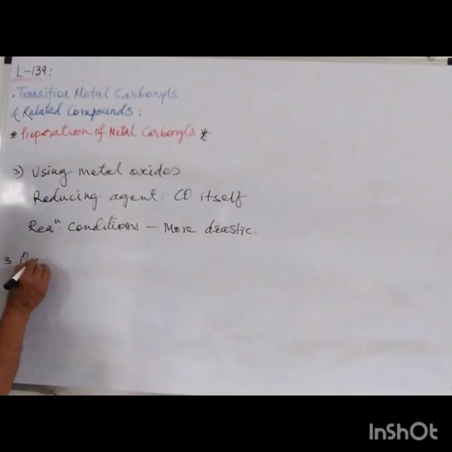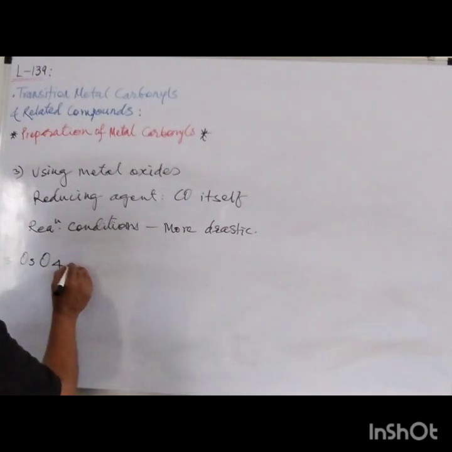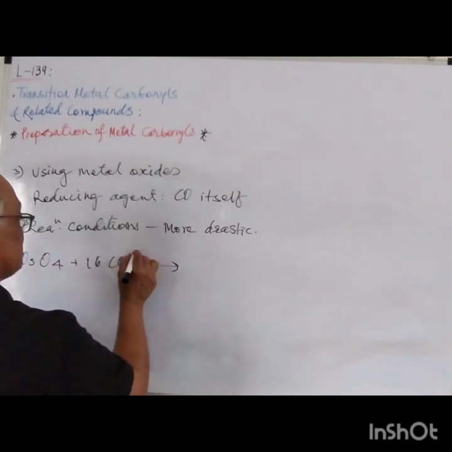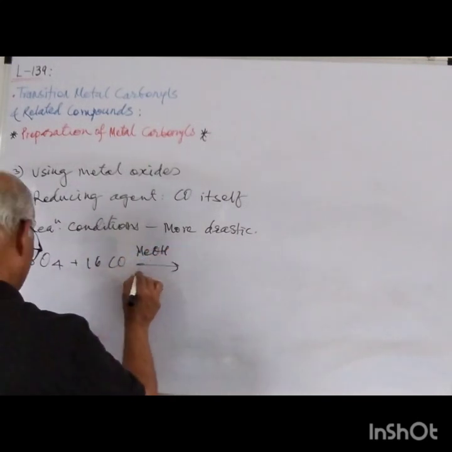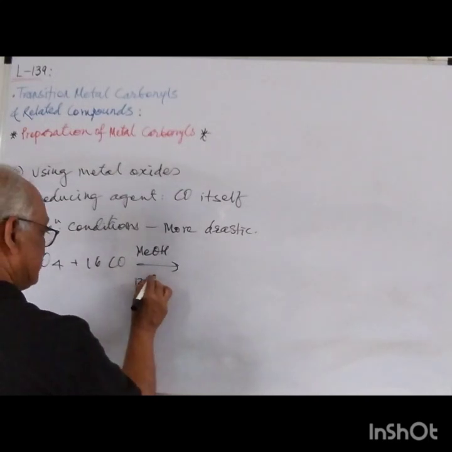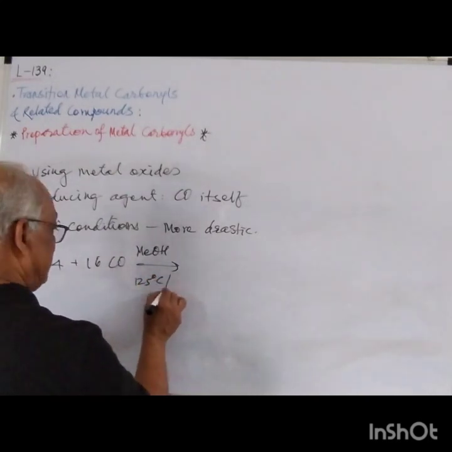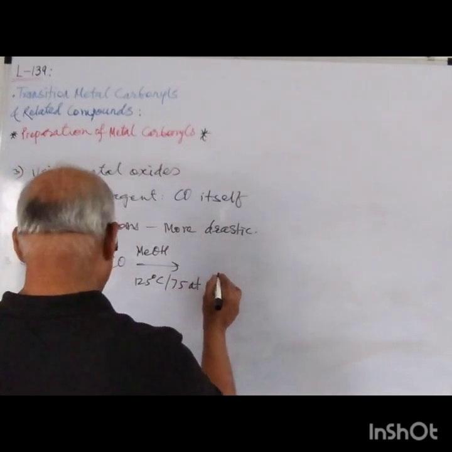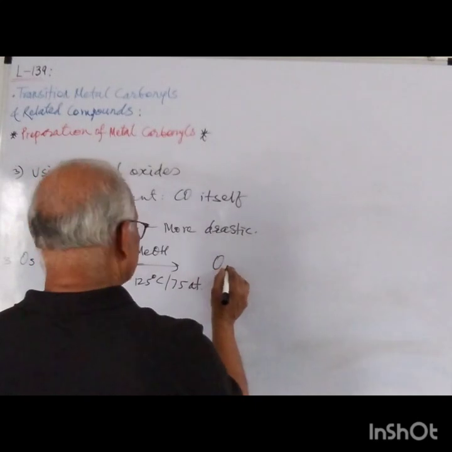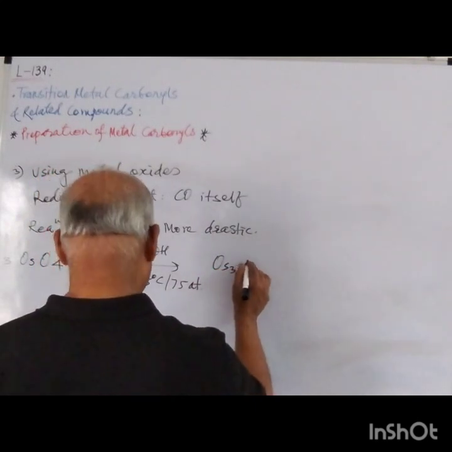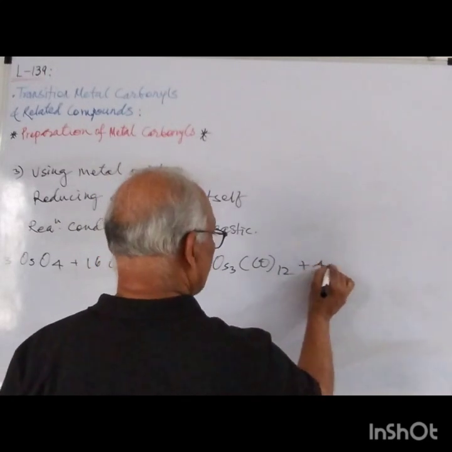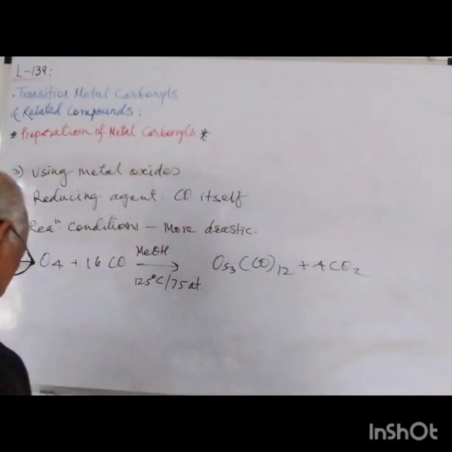That is thrice osmium tetroxide plus 16 carbon monoxide using the solvent NaOH at 125 degrees centigrade and 75 atmosphere pressure. So it gives the trinuclear Os3CO12 product plus 4 CO2.